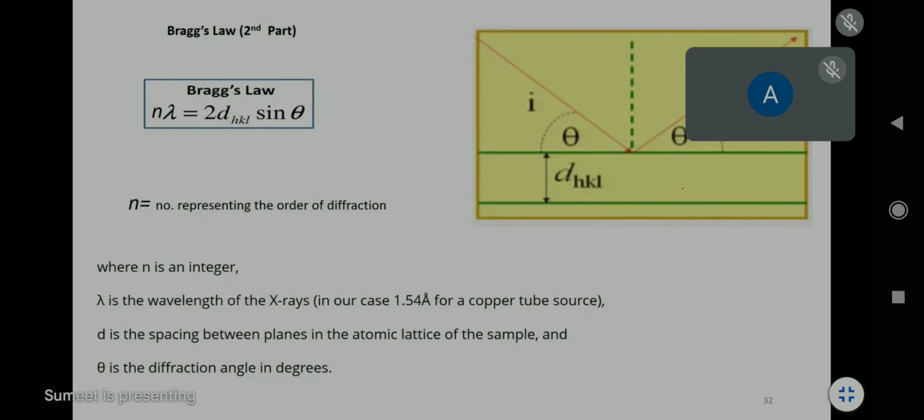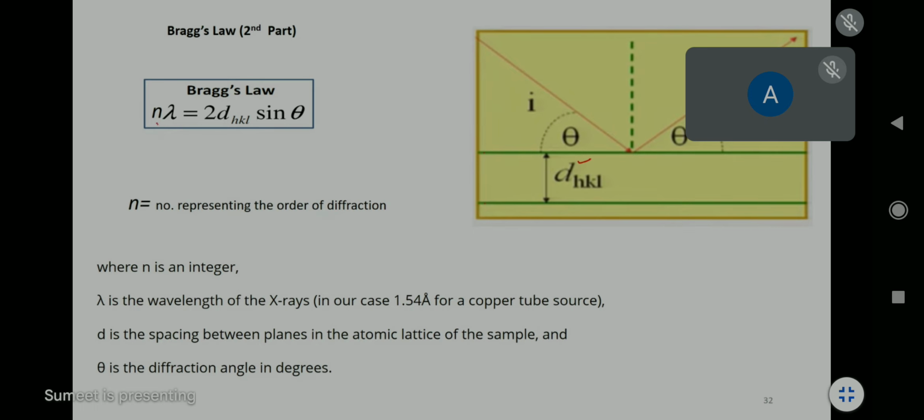Now in the second part, he considered that suppose this is one plane, this is another plane, and the distance between these two planes is d. Then he formulated an equation which is n lambda equals 2d sine theta, where n represents the order of diffraction.